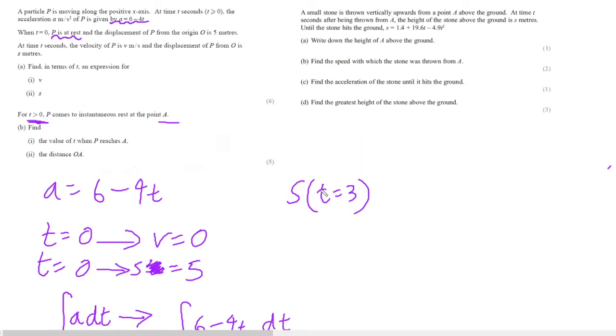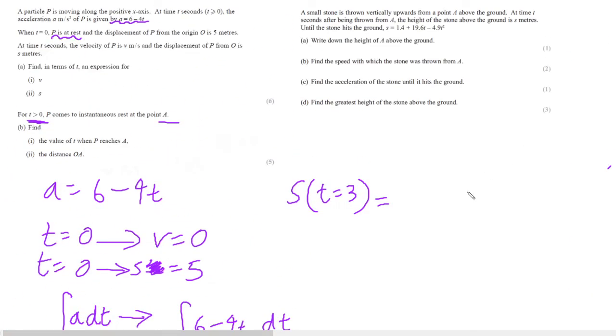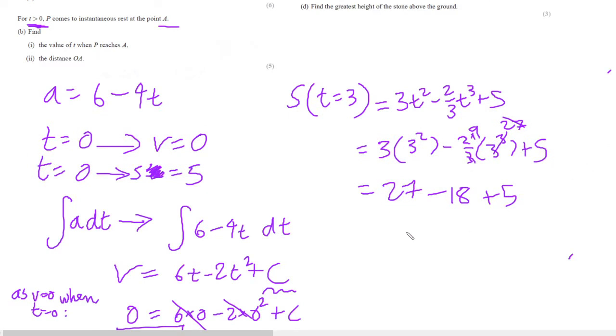So we want the displacement when the time is 3 seconds from the beginning, which would be equal to, given our expression for the displacement, 3t squared minus 2 over 3 t cubed plus 5, which is going to be 3 times 3 squared minus 2 over 3 times 3 cubed plus 5, or 27 minus, well, 27 divided by 3 is 9, 2 times 9 is 18, plus 5, which is, well, 27 minus 18 is 9, 9 plus 5 is 14. 14 meters is the distance from the origin to the particle's current position.